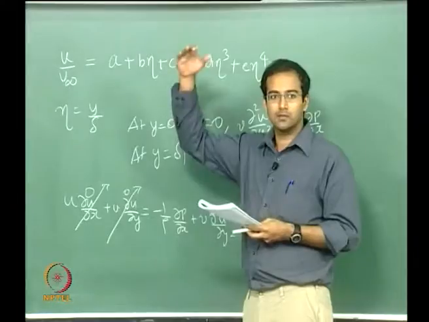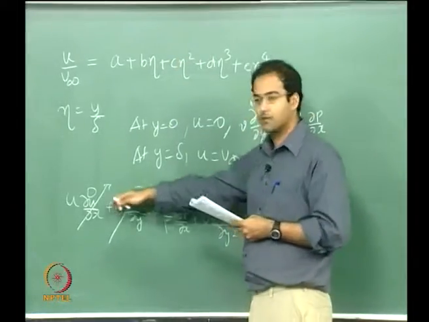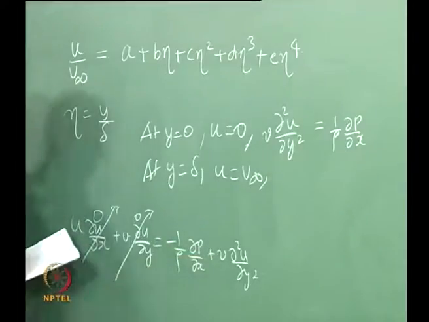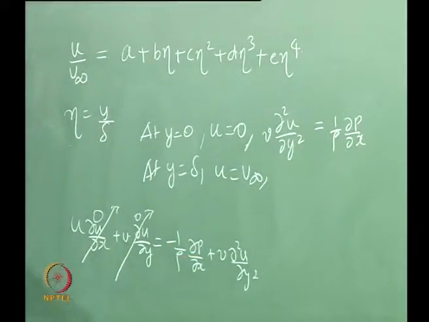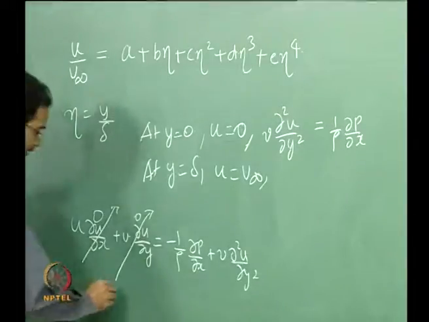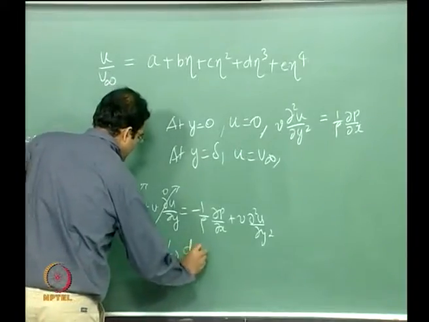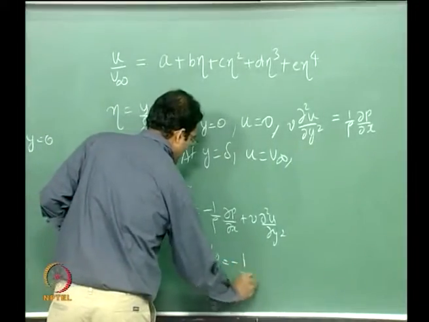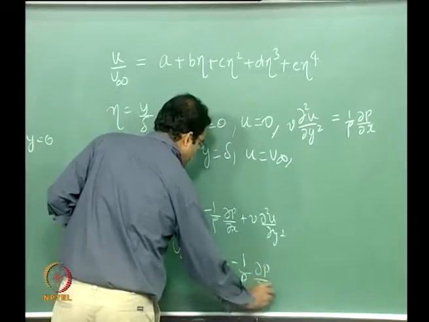and also we know that outside the boundary layer, if you write the momentum equation, there you don't have any frictional term and you don't have any v velocity, you have only the velocity in the x direction, okay. So that will be u infinity du infinity by dx should be exactly equal to minus 1 by rho dp by dx, okay.